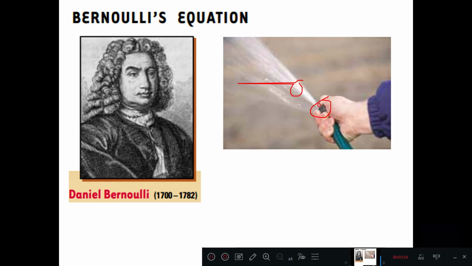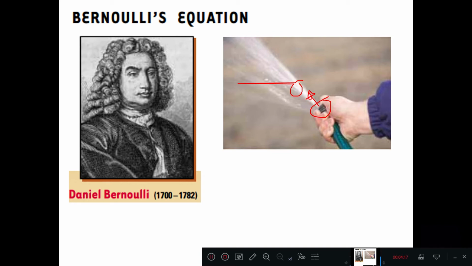And at the point where you are pressing the pipe, the area is reduced, so the velocity of the fluid increases. That's why you get the liquid as a jet of water. So there is a relation between velocity and pressure.